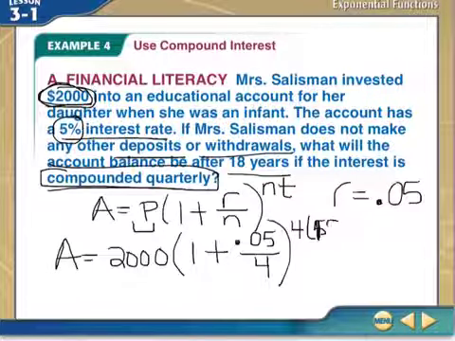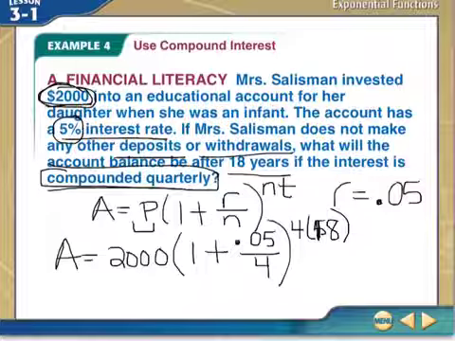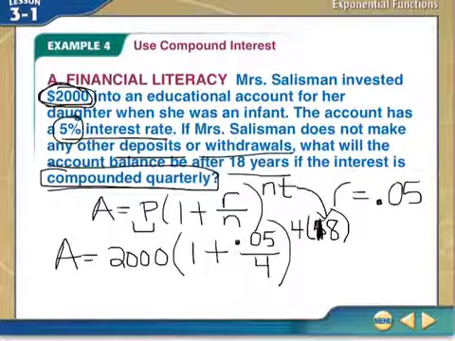I'm just going to put a little 18 right here. The reason I put 18 there is because she's leaving the money in the account for 18 years. Time is 18 years. So here's the deal: she's getting paid interest 4 times for 18 years. So the total number of interest payments is 4 times 18.